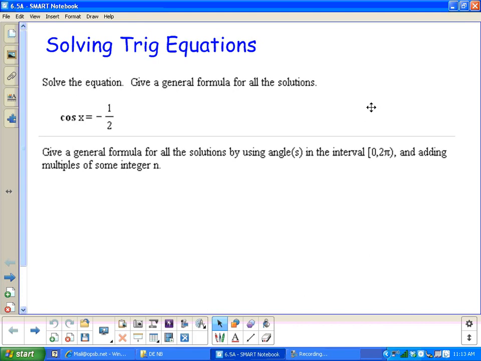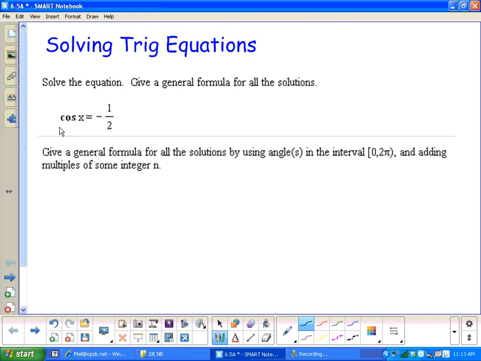What you're really trying to do when you solve a trig equation is not necessarily isolate x, but instead isolate sine x or cosine x or tangent x or whatever you have. In this one, it's already isolated. So all you have to do is look on your unit circle and find where the cosine is negative 1/2.